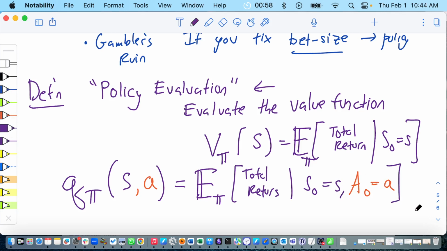In the V function, you always follow the policy pi. So somebody tells you, I'm at state S, you're going to follow the policy pi. In the Q function, they say we're going to follow policy pi starting next move. So starting at time 1, we're going to follow policy pi, and we're going to take the action A right now.